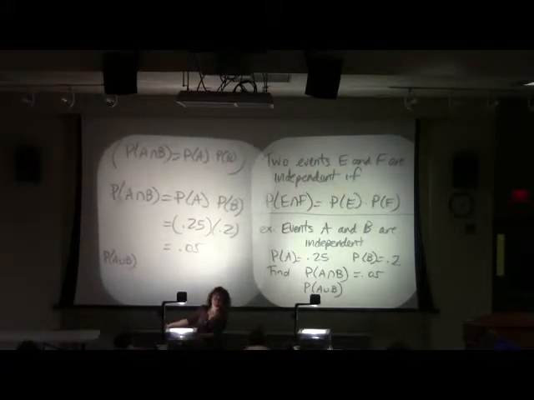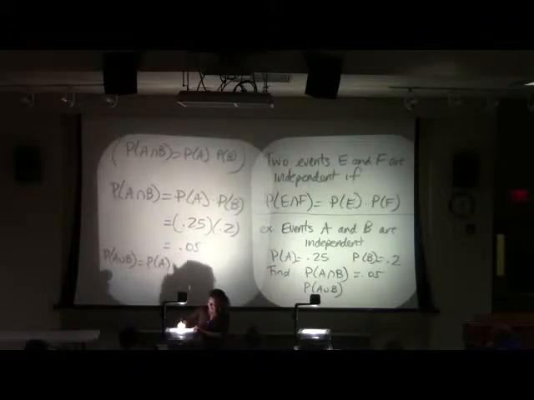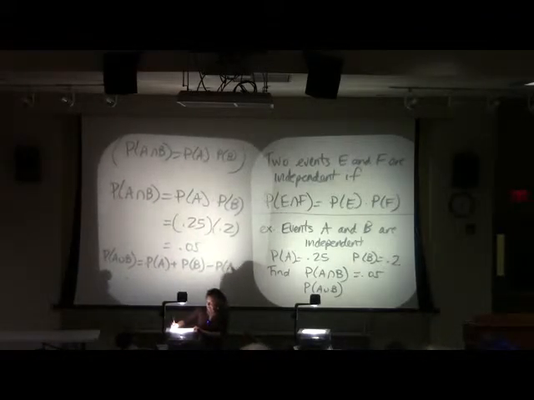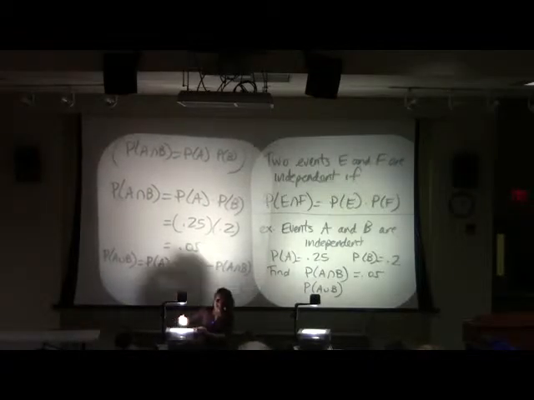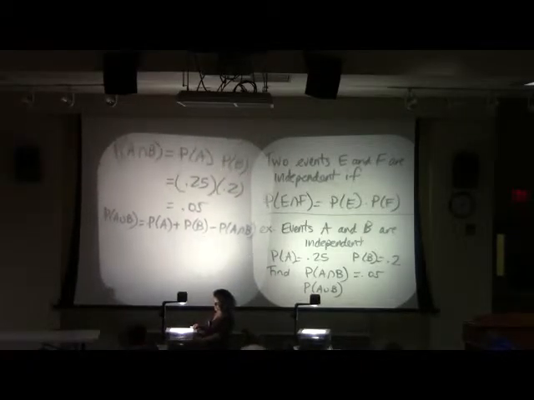Except the formulas. But you have to know when to use them. Isn't the probability of A union B equal to the probability of A plus the probability of B minus the probability of the intersection?